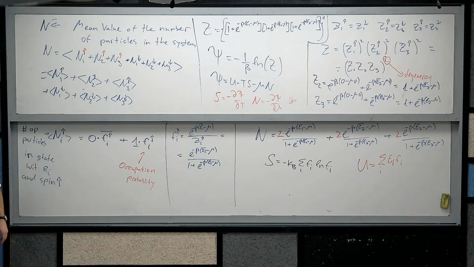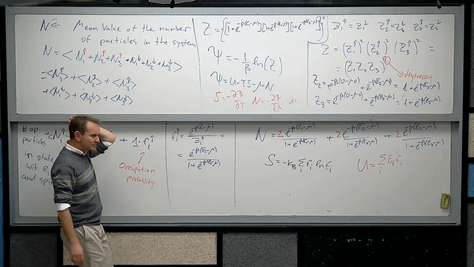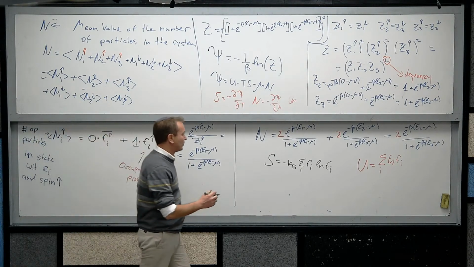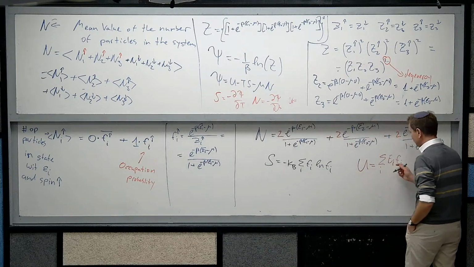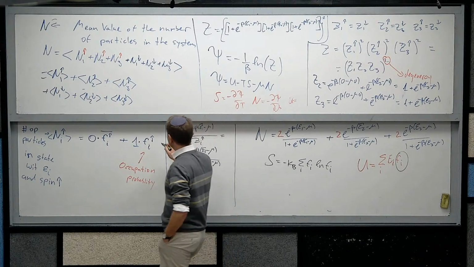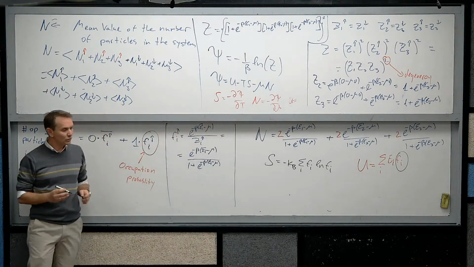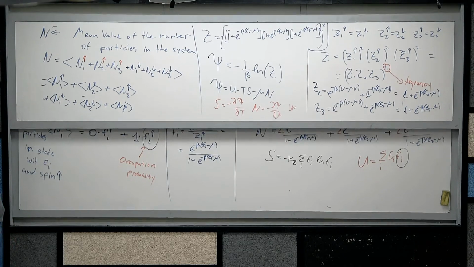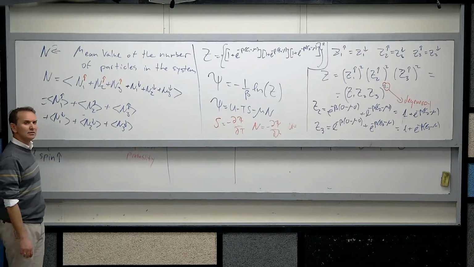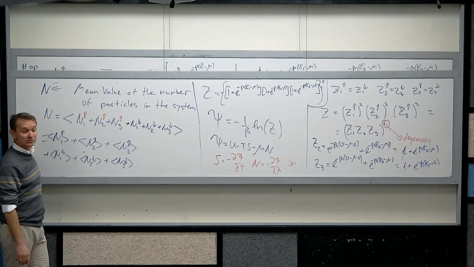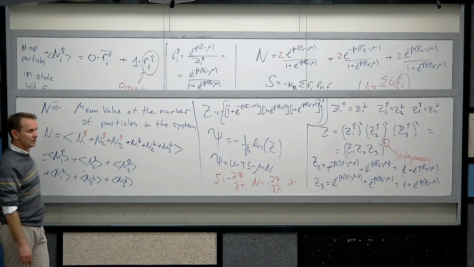Now, in all of those formulas, what is important, at least for the energy, is this Fi. This is Fi up. So this is the occupation probability of each state. Because the different states are independent, which I have shown you due to the factorization of a partition function, I treat each state differently.